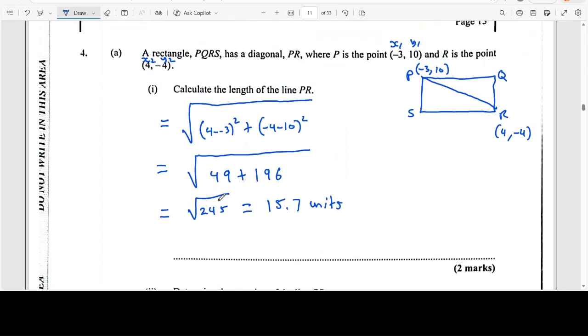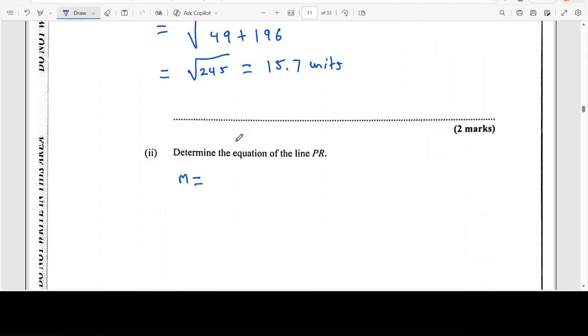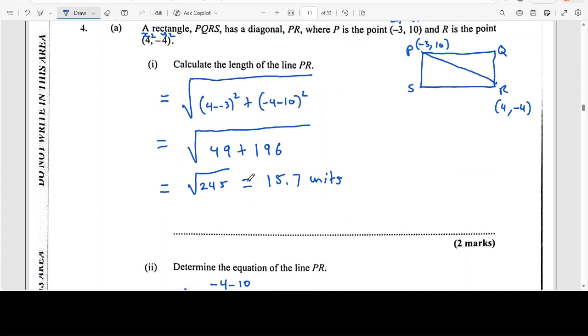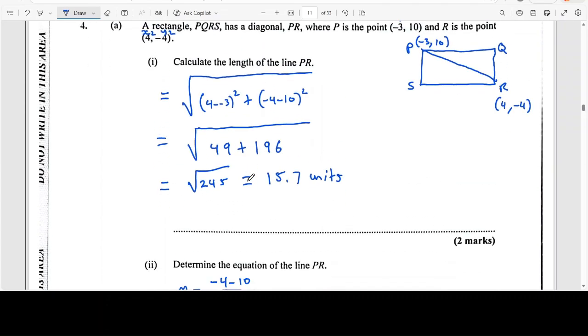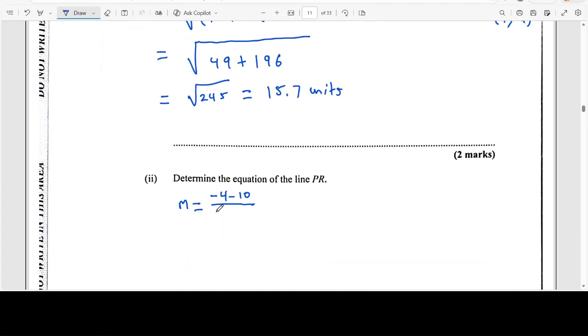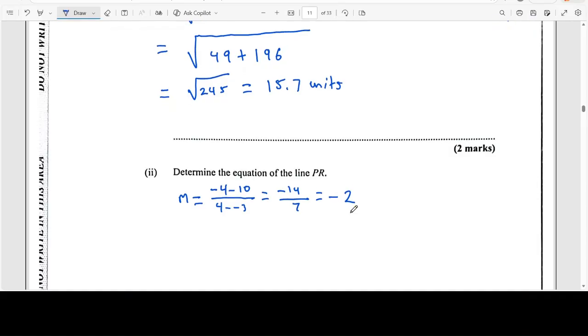Y2 take away Y1, negative 4 take away 10, over X2 take away X1, 4 take away negative 3. Like negative 14 over 7, which is negative 2. Right, so the gradient is negative 2.